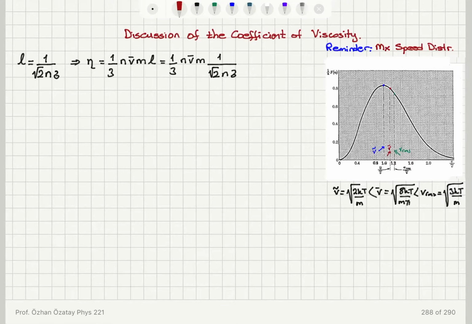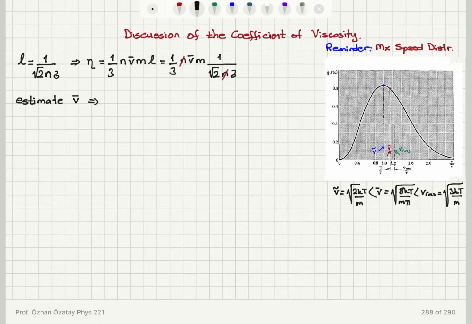You can see that these n's will cancel here, and for v bar we need an estimation. We can estimate the value of v bar by considering the equipartition theorem.